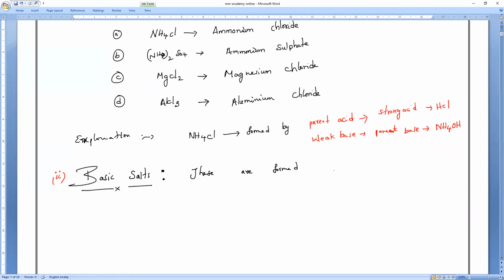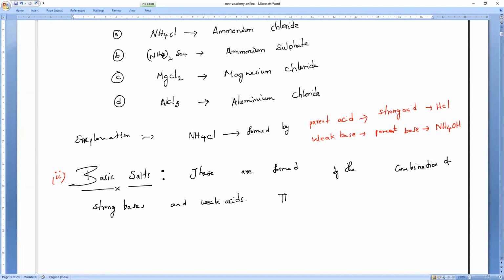So these salts are formed by the combination of strong bases and weak acids. That's all.